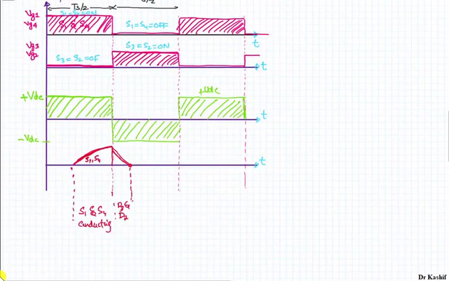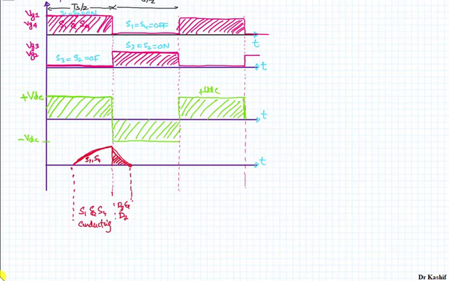Then the current is going to become 0, and because switches S2 and S3 are in the on state, current will start flowing through S2 and S3, so they will be conducting. Now the current will be increasing in the opposite direction, so the current may be drawn like this.